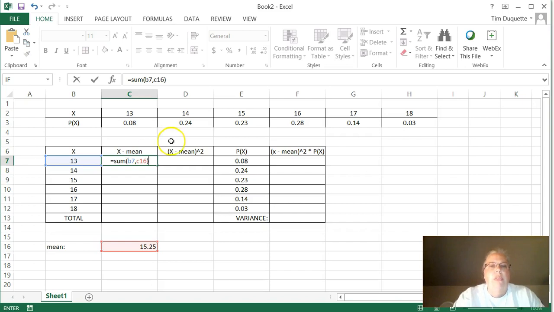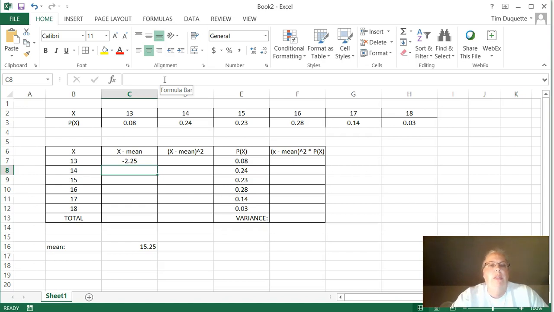I want to have a negative C16 though, so let's do negative 1 times that. Okay. Alright, so what I've just done is 13 minus 15.25, and that gave me this one right here.